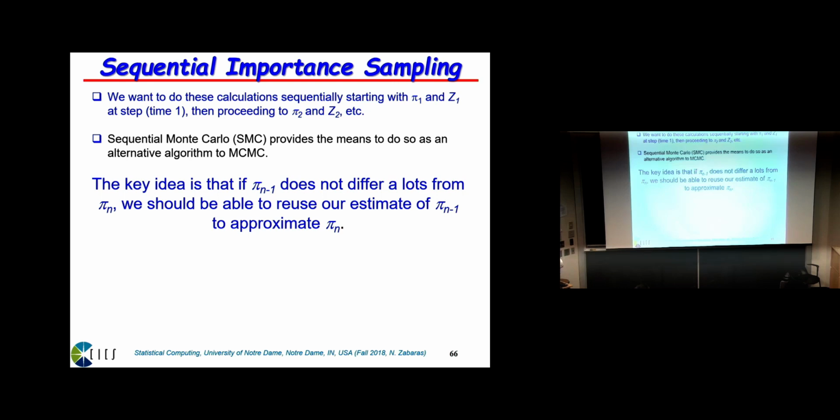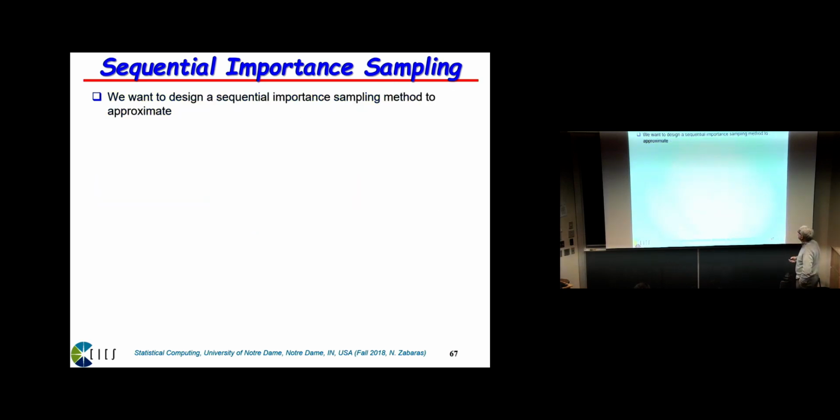Can we somehow reuse this information of pi n minus 1 to compute pi n? Rather than wasting all the effort in computing pi n minus 1, can I reuse that information? Even though pi n has more variables, this distribution is not very much different from pi n, all right? So can we use this information to compute pi n efficiently?